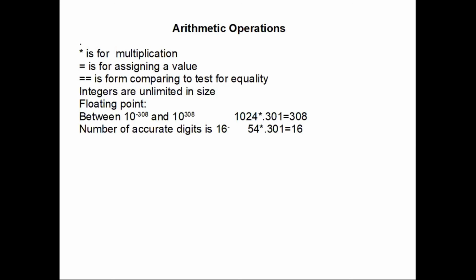The number 308 comes from the fact that 9 digits are used for the exponent, and if we go to base 10, we have to multiply it by 3.301, which is the logarithm of 2. And similarly, the number of accurate digits is 16, because if we take the 54 digits that are available for our number and multiply again by the log of 2, we get 16.